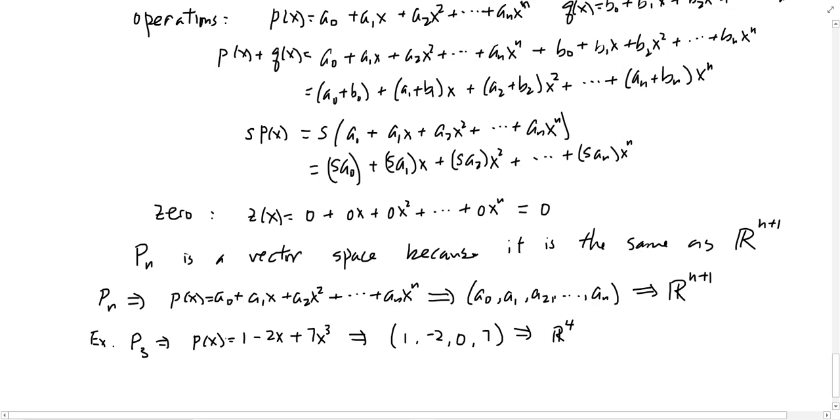Also important to pay attention to is that the way we define addition between polynomial functions and scalar multiplication is the same way we define vector addition and scalar multiplication in R^n. And of course, in this case, in P sub 3, the zero element we simply interpret as the vector (0, 0, 0, 0), which is obviously also in R^4.